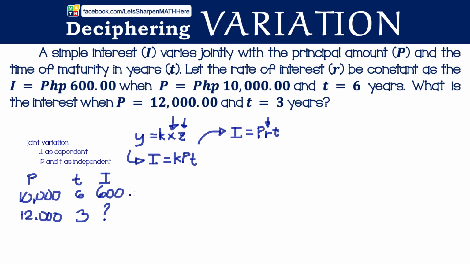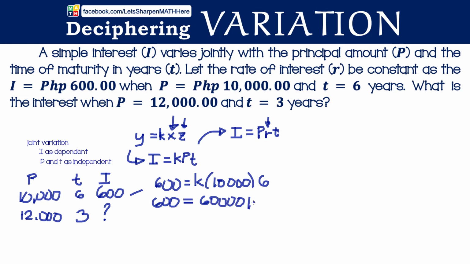So let's use this set of values first for this formula. We'll have 600, that's your interest, is equal to k, again your rate of interest but we're labeling it k, times the principal amount 10,000, times 6. So we'll multiply this. You will have 600 is equal to 60,000 k.